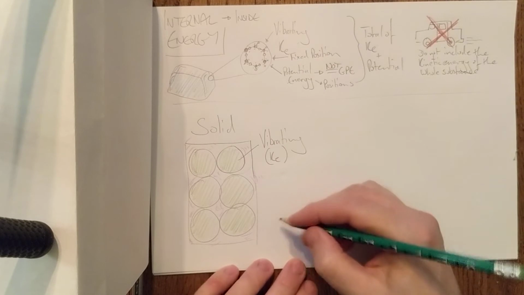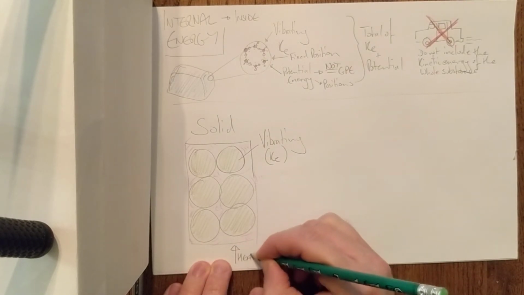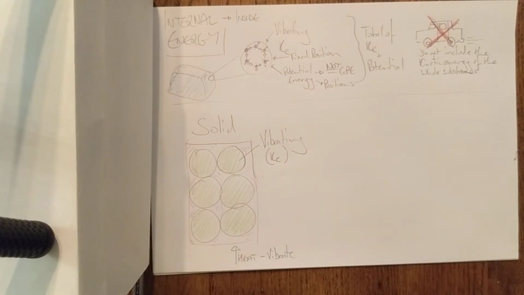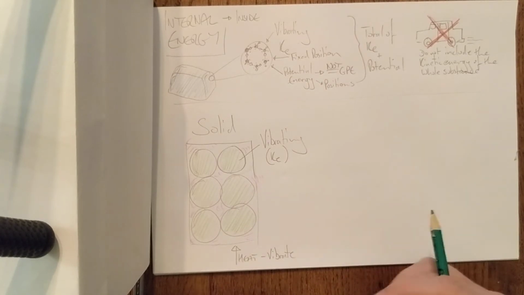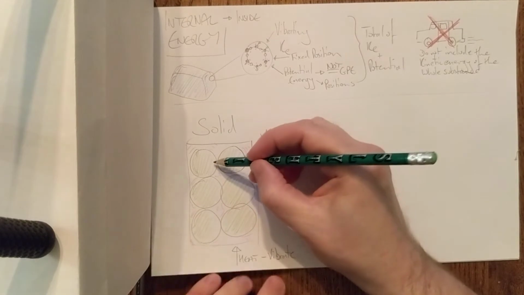If I was to apply heat to this, they would vibrate more, until there comes a point where we've heated them so much that the kinetic energy, or the energy that they've got, overcomes the bonds.